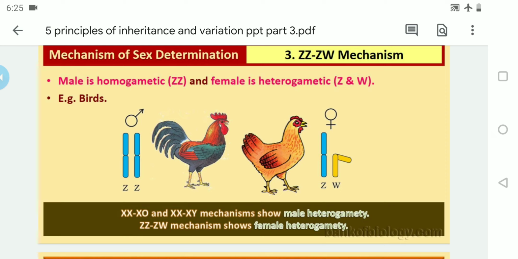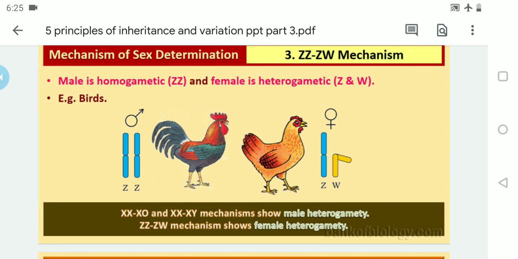Then coming to the female, as I said, it is heterogametic: 38A plus Z, and there is another possibility, 38A plus W.